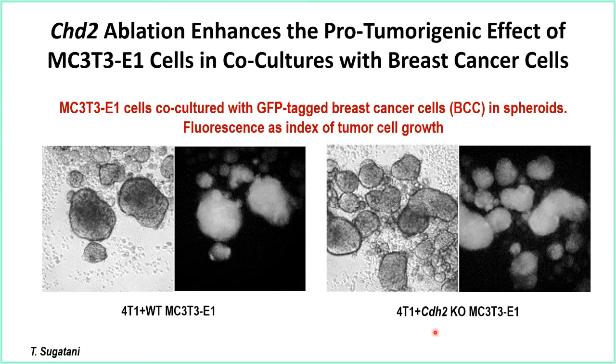As you can see, pretty obviously, the tumor cells, which are visible because they are GFP tagged, in the presence of the osteogenic cells can form these spheroids in co-culture, and pretty much all of them have tumor cells, essentially. So these are primarily tumors. But they clearly grow much faster in the presence of N-cadherin knockout osteogenic cells.